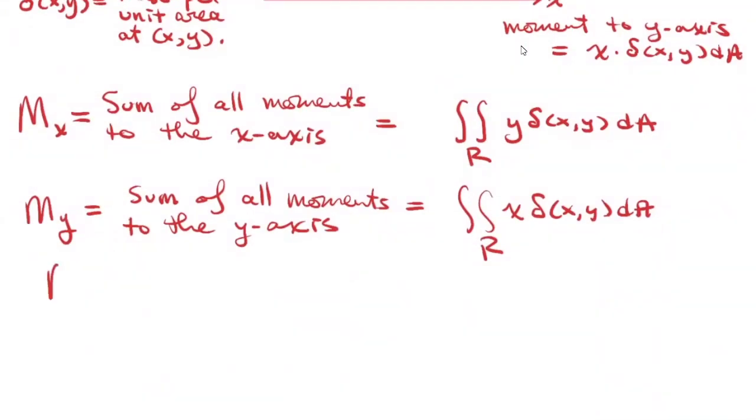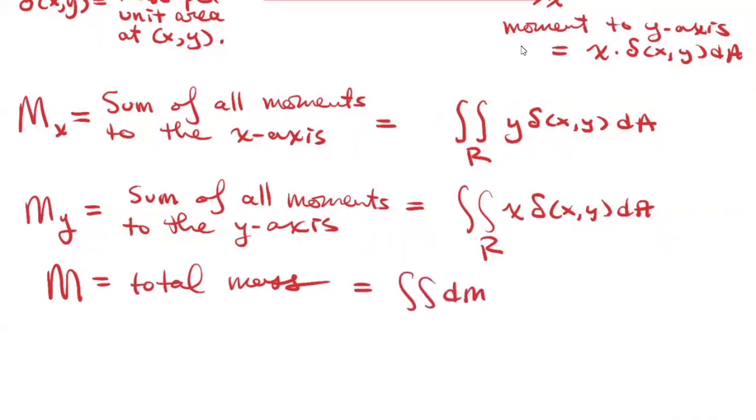So M will just be total mass. Okay. And of course, that's the easiest computation of all, because all you're going to do is just double integral the dm. So you're adding up mass over the entire region. So you don't need the distances to make it a moment. So you're just integrating over R, and then the mass is mass density times area.